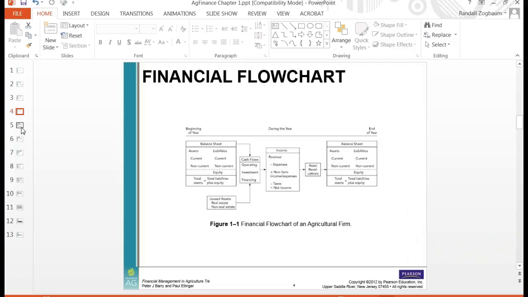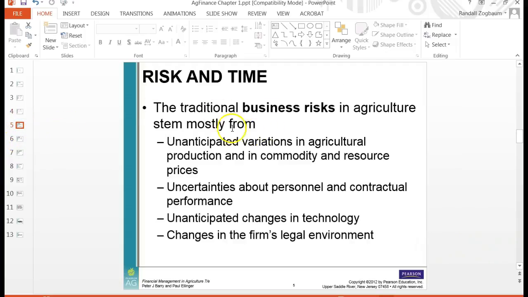We'll take a look at it in a minute, but there's 16 different ratios that the farm financial standards use to tell where you are as far as a farm business is concerned. Some are more important than others, but we get to take a look at them.